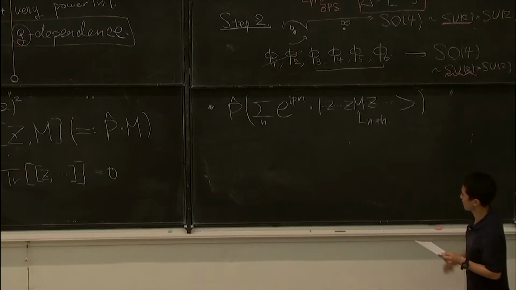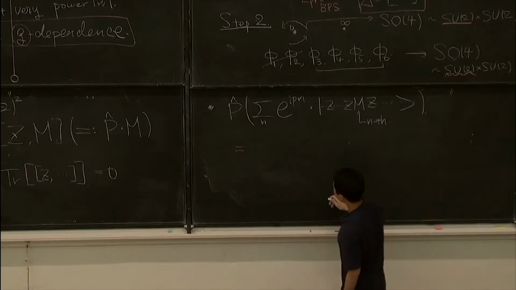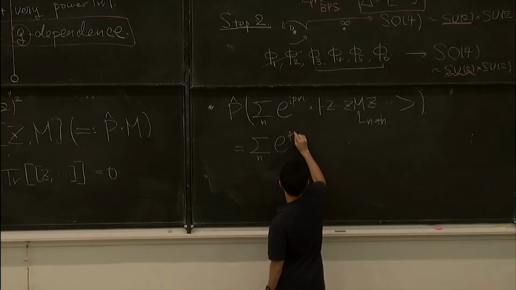Let's try to see what happens. So P is basically the commutator, so you can simply act it.